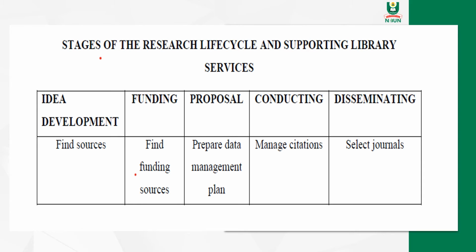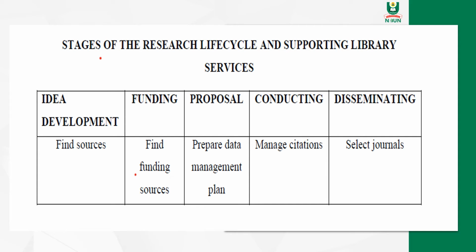Under idea development, the researcher is looking for an idea to write on. He's thinking of what area to write on. He's thinking of how he can develop his idea into a full research. There are some things that are under the idea development.